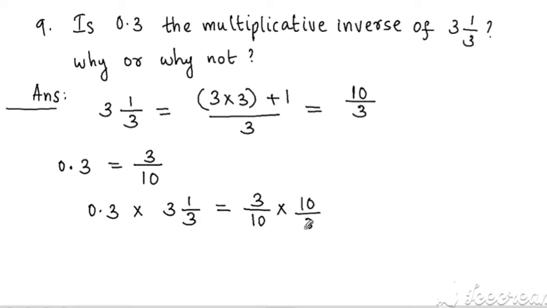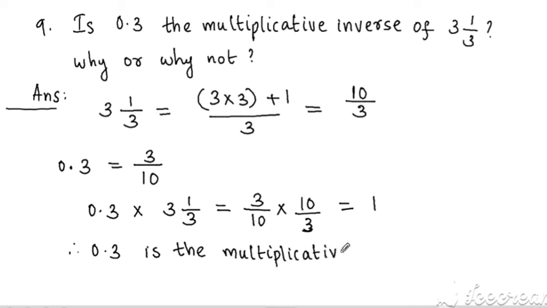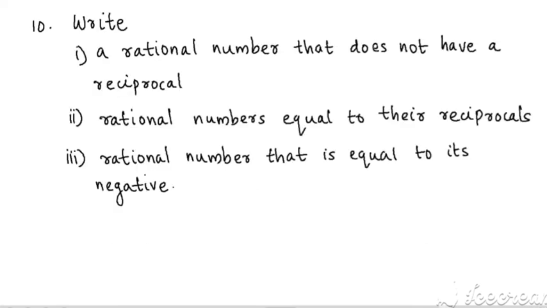You can see if you cancel these, you will obtain 1. That means their product is 1. So we can say 0.3 is the multiplicative inverse of the mixed number 3 and 1/3, because their product is 1. This is how we show this kind of problems.